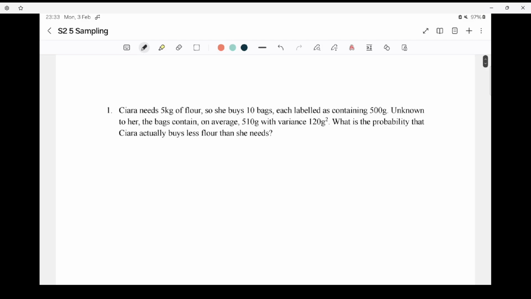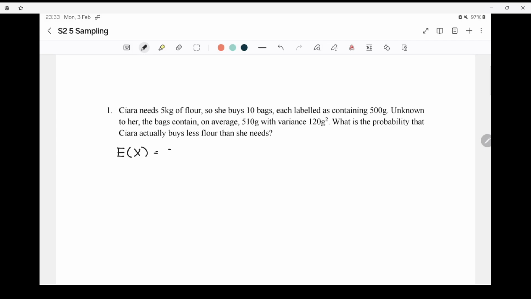So let's look at 3 examples. Sierra needs 5 kg of flour, so she buys 10 bags, each labeled as 500 grams. On average, the bag has 510 gram with variance 120. So what's the probability that she actually buys less? So over here, you already know what is your EX.